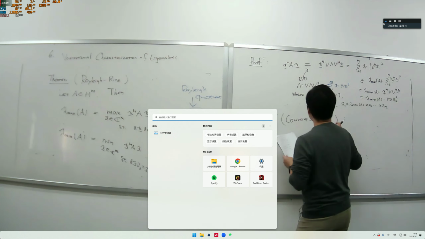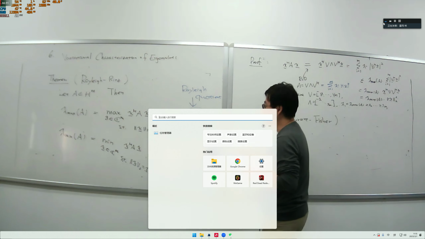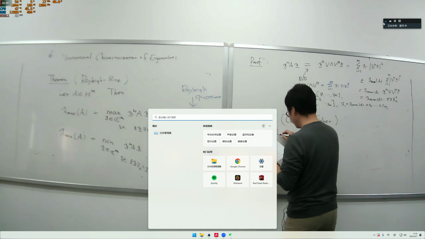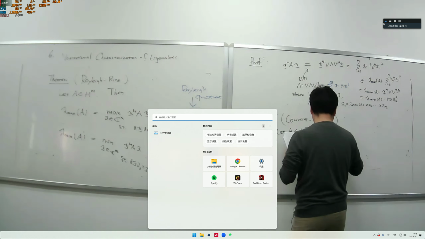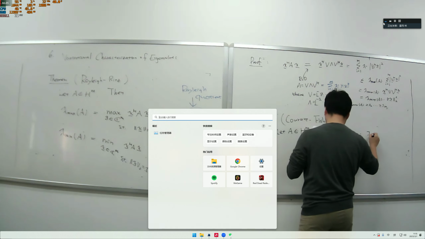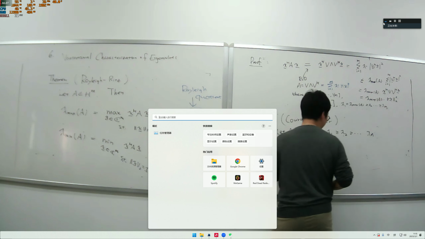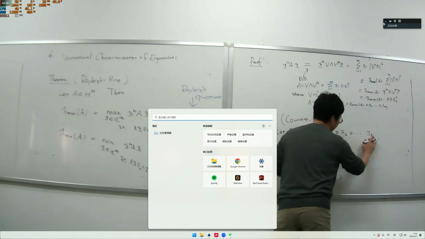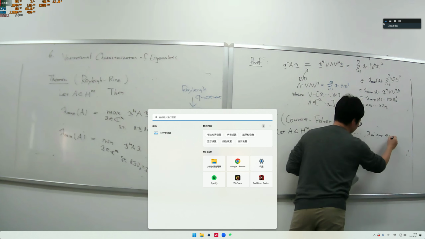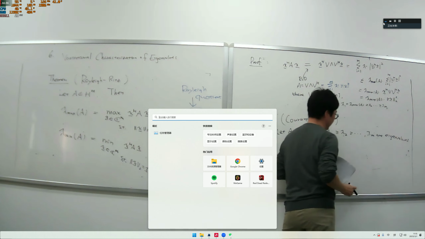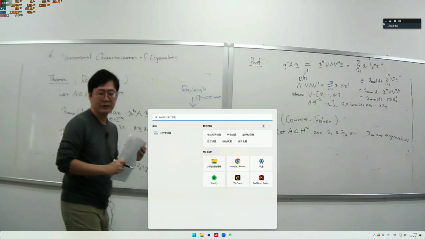Particularly, it says again, we have A, a Hermitian matrix, and its eigenvalues are ordered from lambda 1 to lambda n.